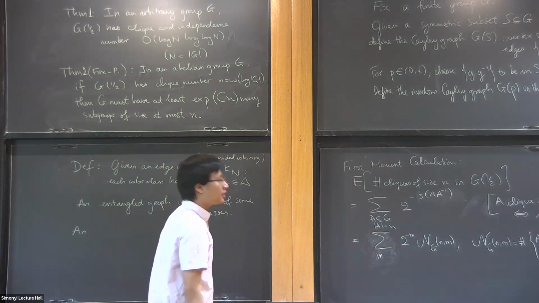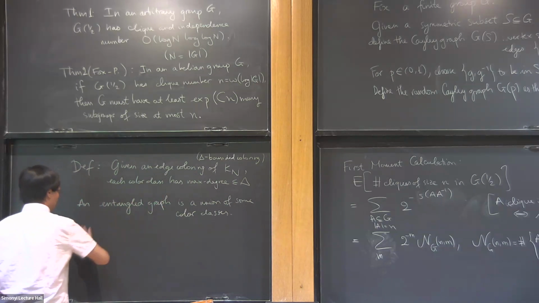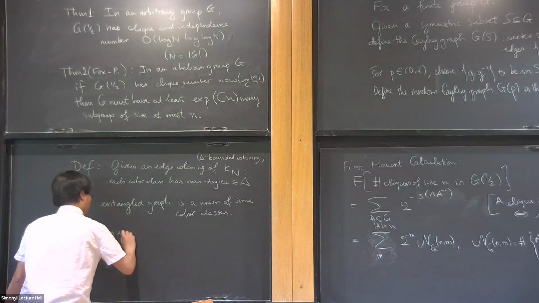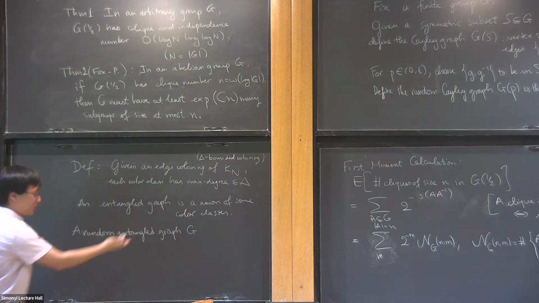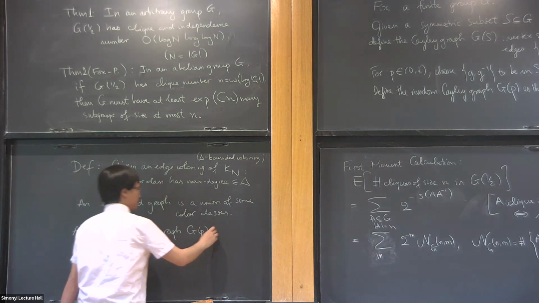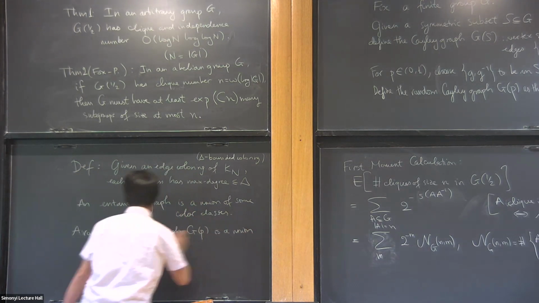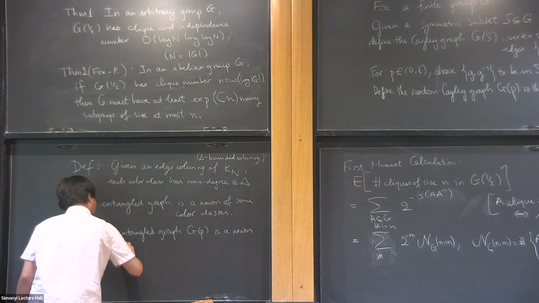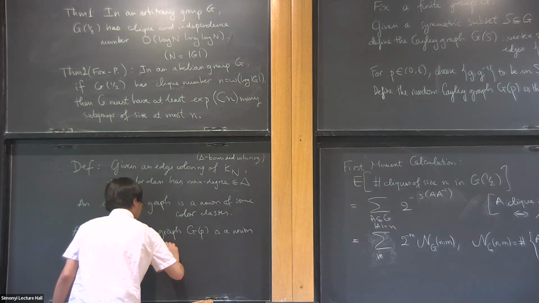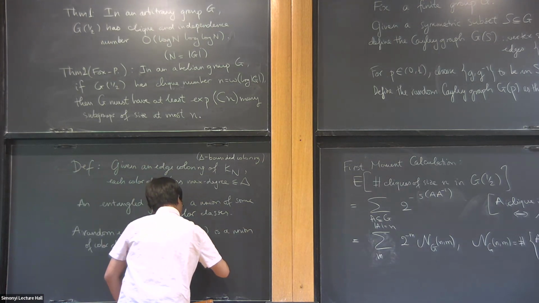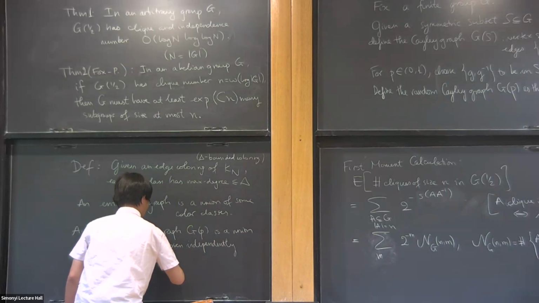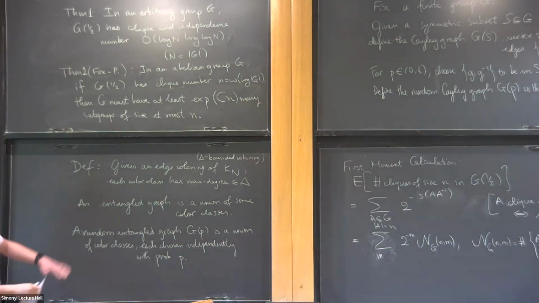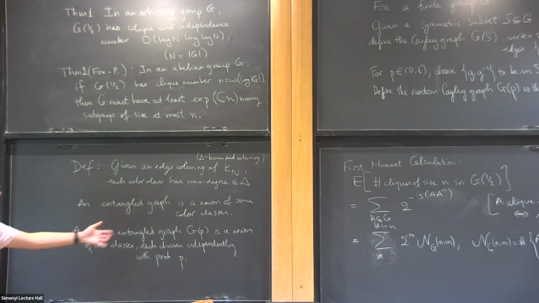We pick each color class independently with probability P. So here, a random entangled graph, and let me overload the notation and call this also G(P), is a union of color classes, each chosen independently with probability P. So this definition is made to mirror exactly the definition of a Cayley graph and a random Cayley graph when the coloring comes from a group.